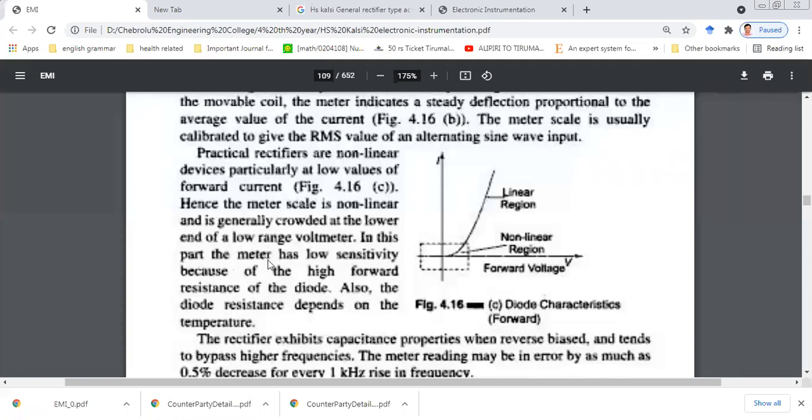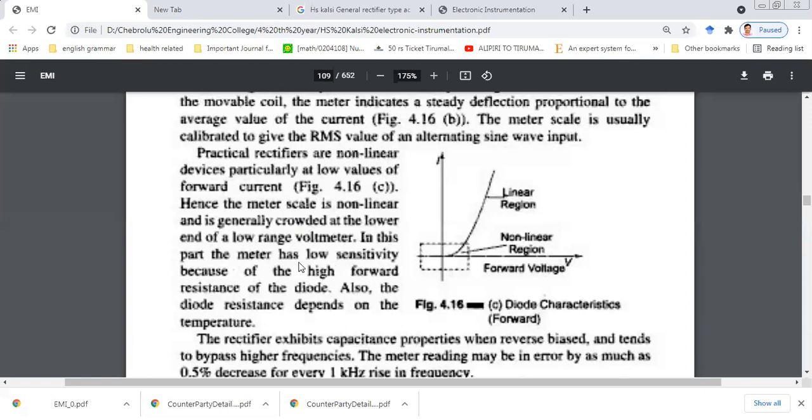In this part, the meter has low sensitivity because of the high forward resistance of the diode. Also, the diode resistance depends on the temperature. So for AC meters, because we are using diodes that are dependent upon temperature variations, the meter readings will change.